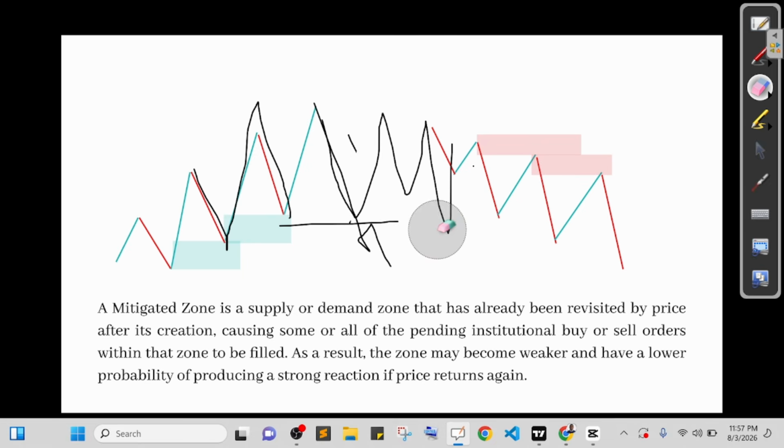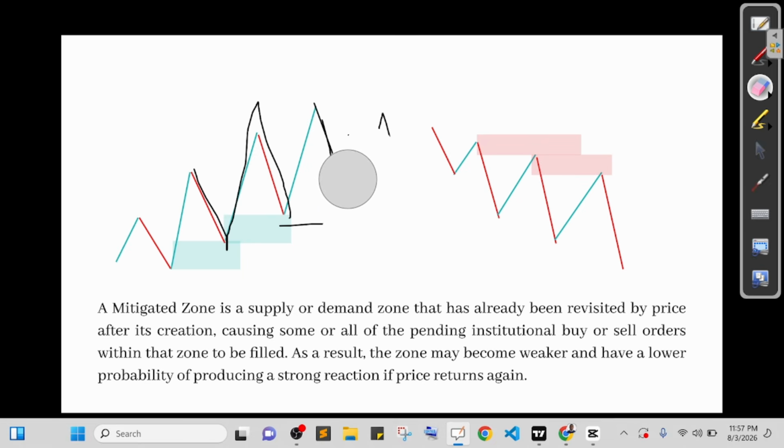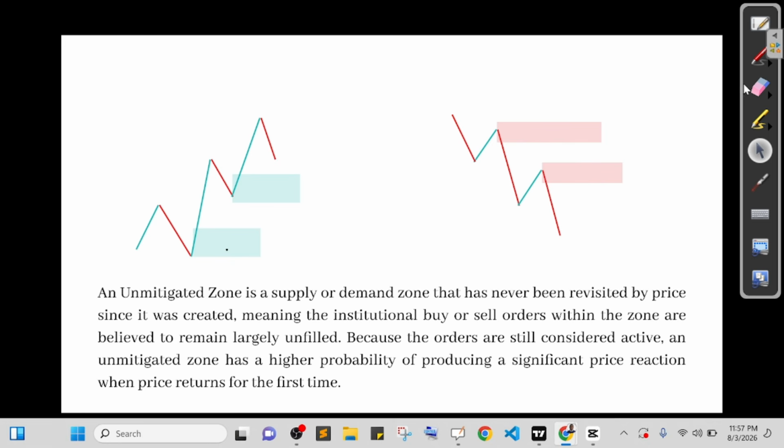But just have it in mind, or just know that when price touches a supply zone or demand zone, that's what we call mitigated zone. But if price has not yet come to touch it or retest it, it is called unmitigated zone, like this. We're expecting this price to come to this level and mitigate it, right?